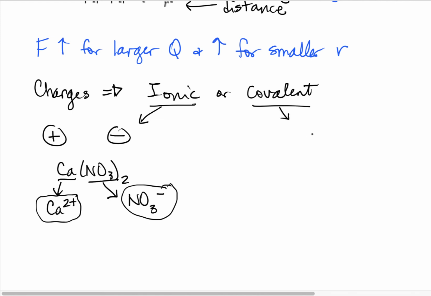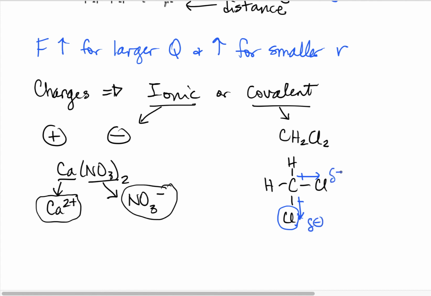And that's a little bit different from our covalent molecules. So if we think about a covalent molecule like CH2Cl2, one of our chlorofluorocarbons, right? We can draw a Lewis dot structure for it. And we can recognize that our carbon-chlorine bonds are going to be polar bonds. So the chlorine is more electronegative than the carbon, and so it's going to pull the charge more strongly onto the chlorine.